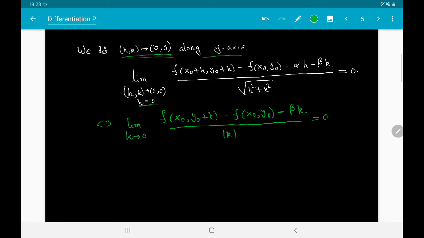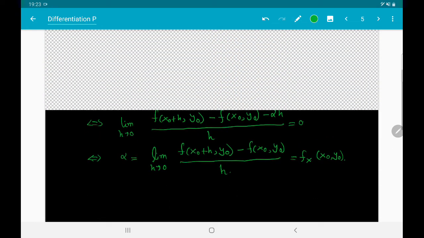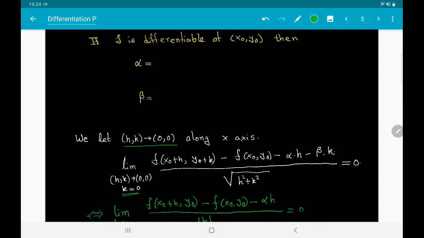And we have seen that this is equivalent to saying that limit k tending to 0 of f of (x0, y0 plus k) minus and so on, whatever is written, we replace modulus of k by the quantity k, and this will give us in a very analogous manner that beta is equal to fy at the point (x0, y0). So thus we have determined that alpha is equal to fx at the point (x0, y0), and beta is equal to fy at the point (x0, y0).